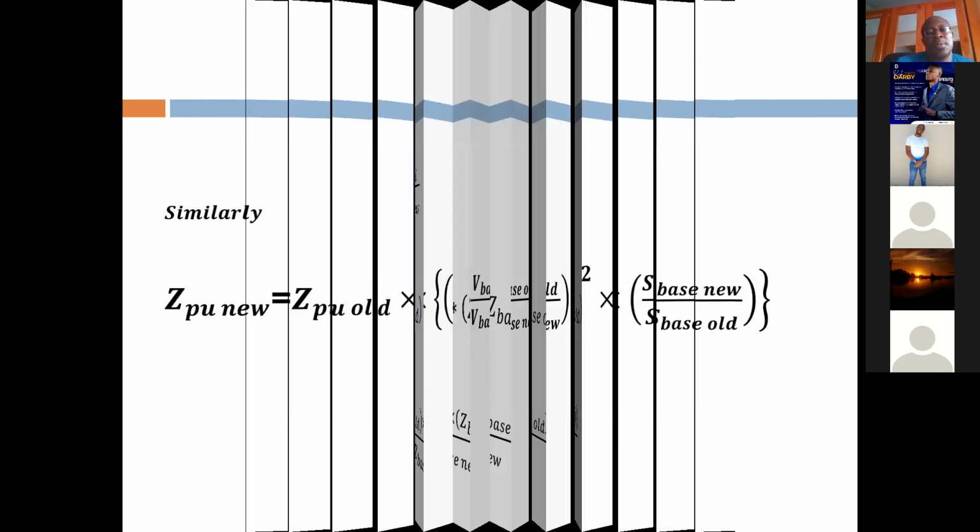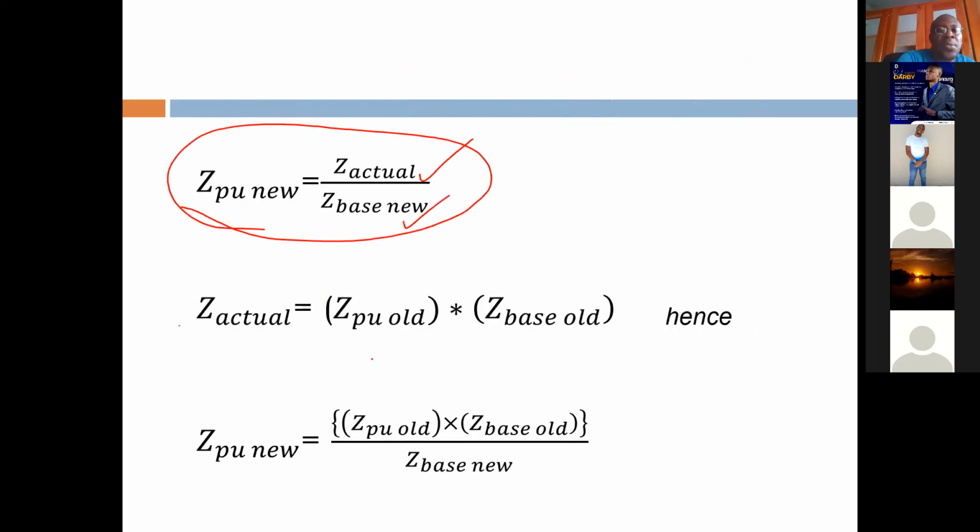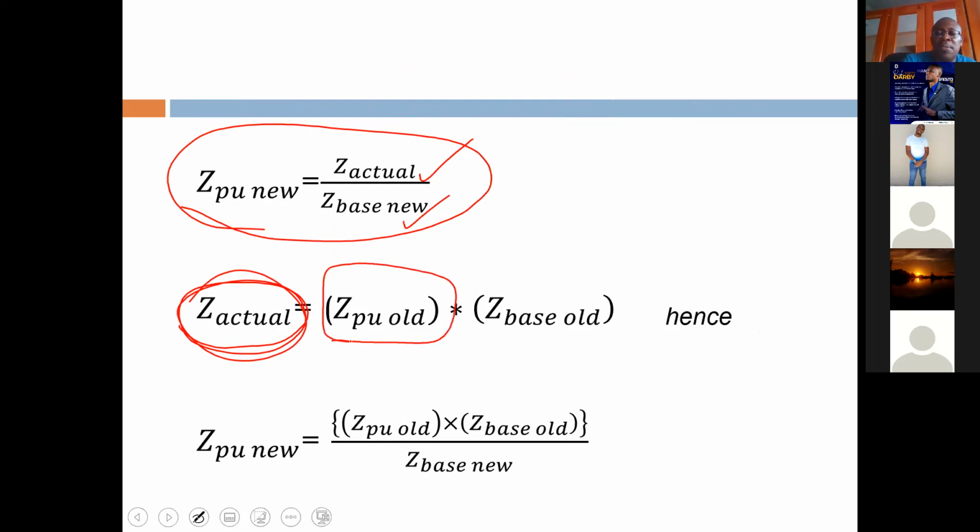So coming back to change of base. This actual value is going to be equal to the per unit, the one that I have, times the base that I had.